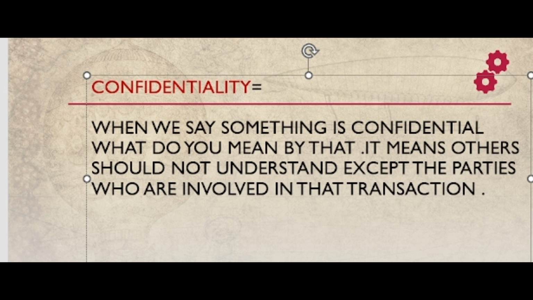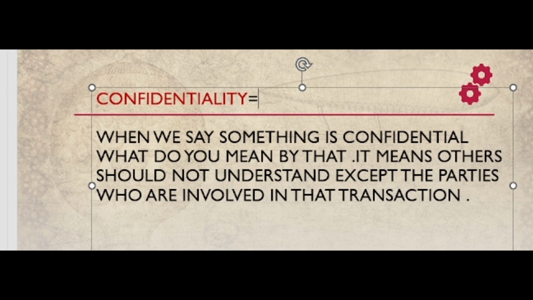But if an anonymous person receives this letter or message and reads the content, that is unauthorized access, which means nobody else can access it except the right entities involved in this transaction. Disclosure means the message should not be open to be read.